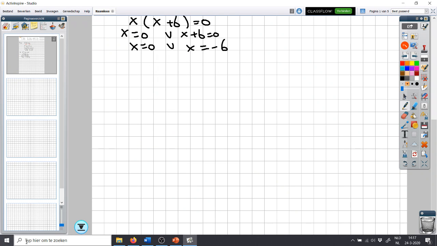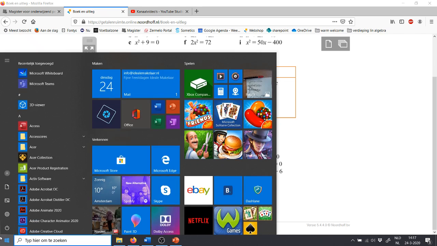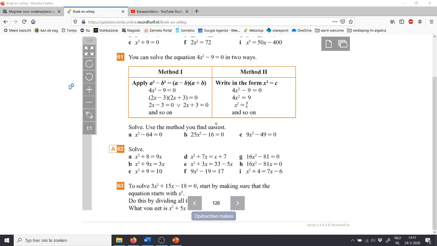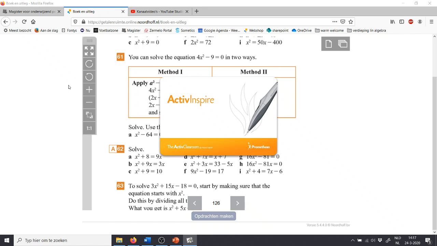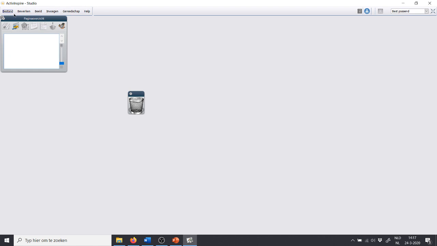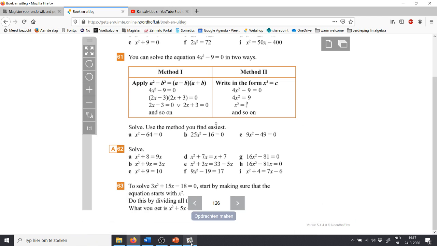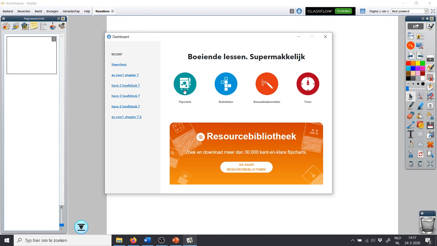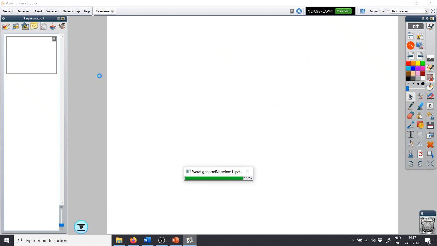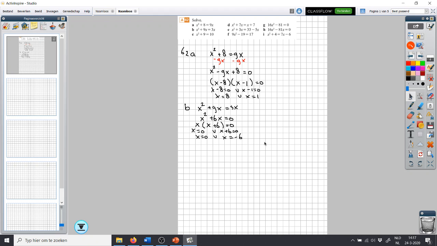This is very strange, but if I now restart Active Inspire, it has to work again for a bit. I don't know why my tablet is doing this, by the way. It's very weird. If I search for it on the internet, I don't find any answers or solutions. Right. But I can do it like this for a moment.